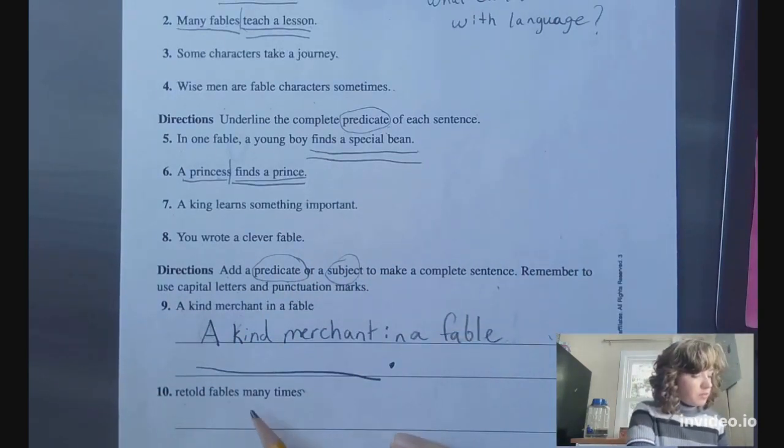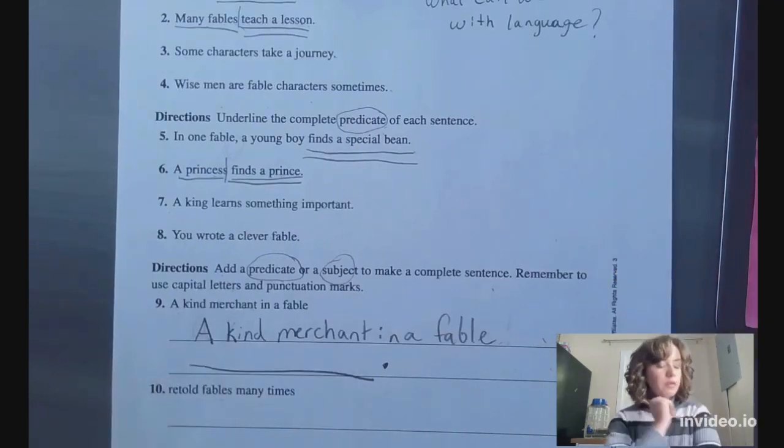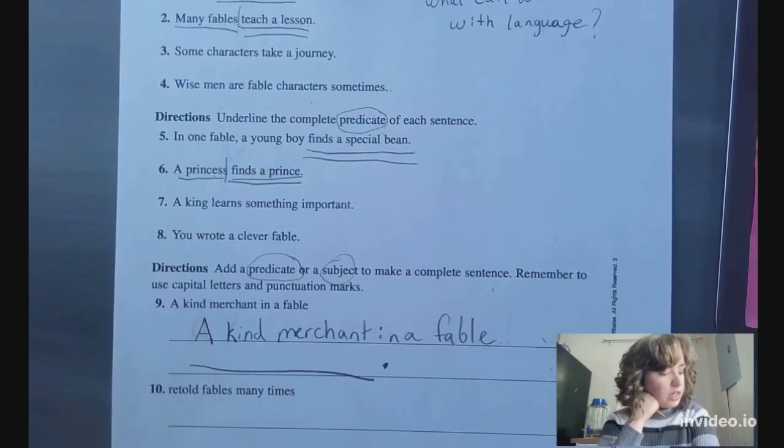Retold fables many times. What's missing in this sentence? Retold fables many times. It's telling me what someone or something is doing, but it's not telling me who the sentence is about. So I need to figure out who is the sentence about.